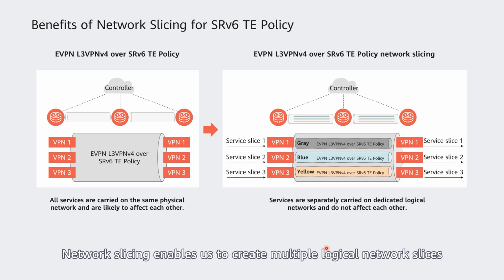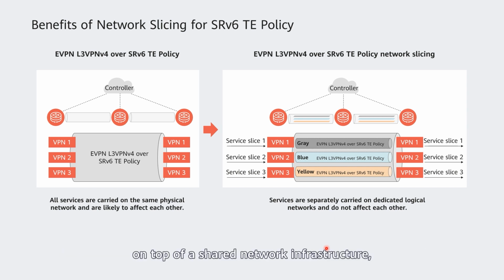Network slicing enables us to create multiple logical network slices on top of a shared network infrastructure, with each slice serving a specific type of service or industry. Without network slicing, all services are carried on the same physical network and are likely to affect each other.